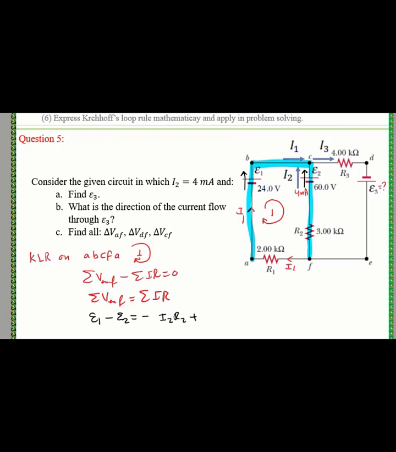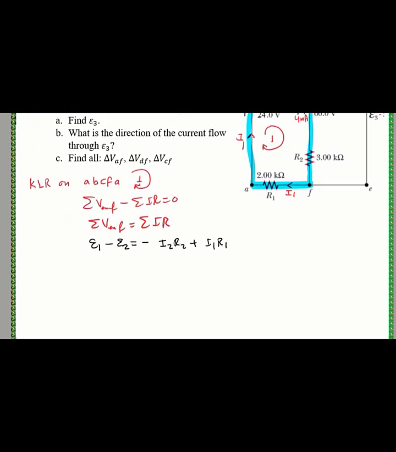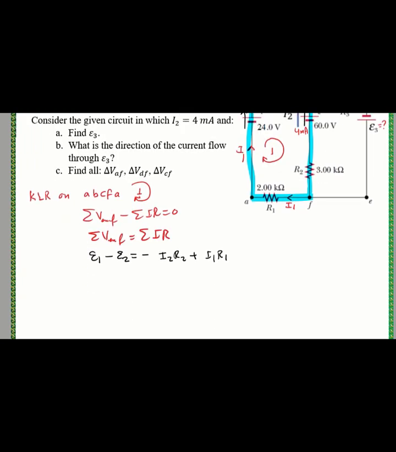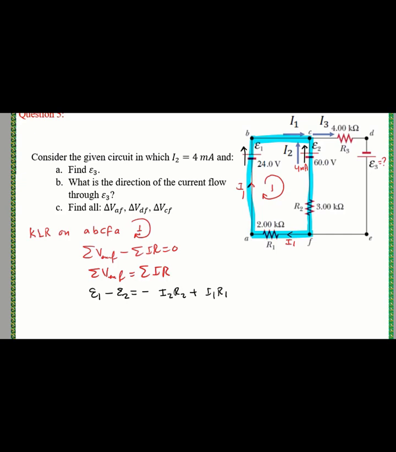Plus, now from F to A, we have a current I1, and it is in the same direction that I'm following, so it is positive, I1 times R1. Now substitute: epsilon 1 is 24, minus epsilon 2, 60, equals minus I2, 4 milliamperes, so 4 times 10 to the minus 3, times R2, which is 3 kilo ohm, 3 times 10 to the 3.